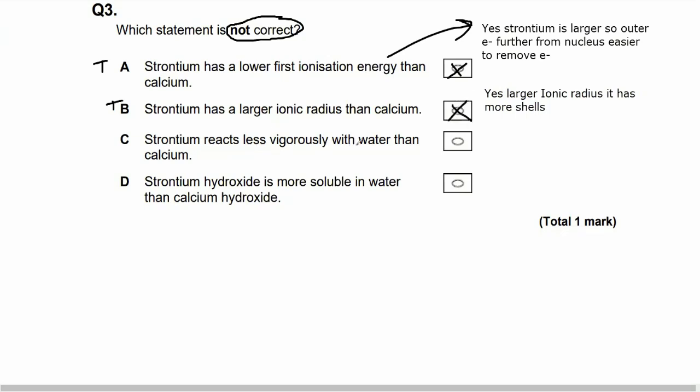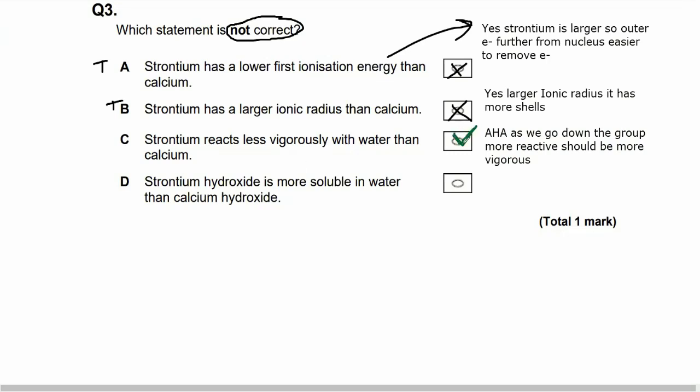Strontium reacts less vigorously with water than calcium. Ah, that could be a problem. Why is that a problem? Well, as we go down the group, we've already said with the top one, the electrons are further from the nucleus. They require less energy, lower ionization energy, in order to remove the electron.